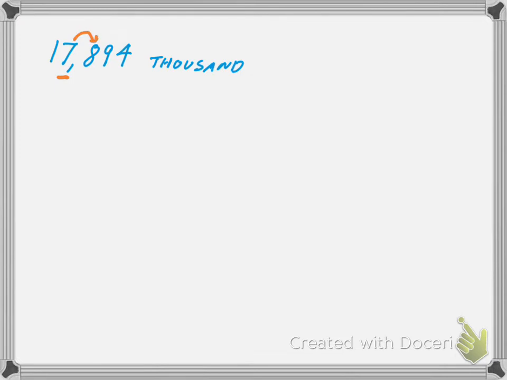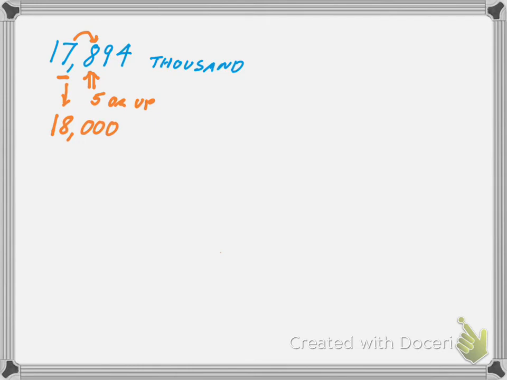This 8 right here tells us how to round. If it is 5 or up, then that 7 is going to move up to an 8, and everything after that will become a 0. So 17,894 would round to 18,000: the 1 would stay, the 7 would become an 8, and everything else after that becomes a 0.